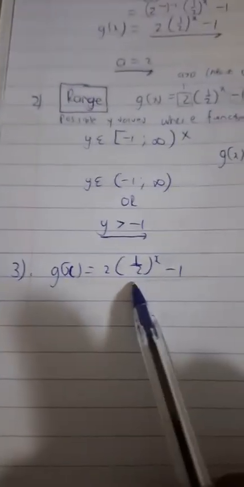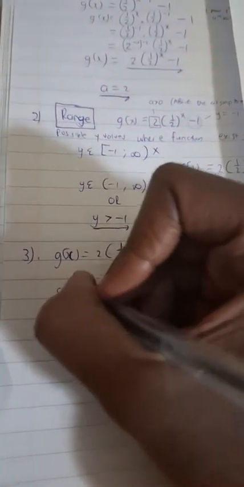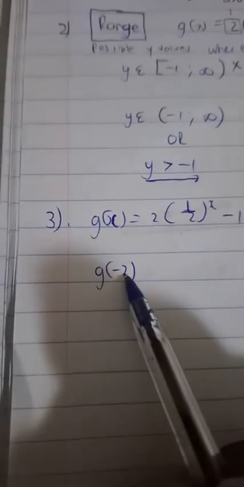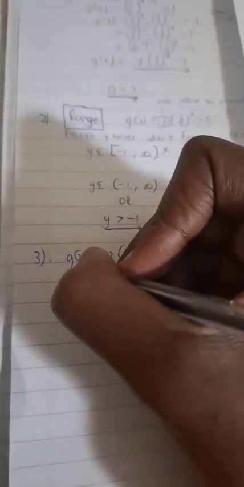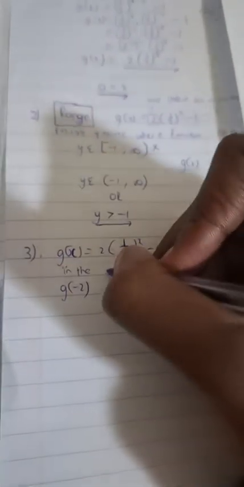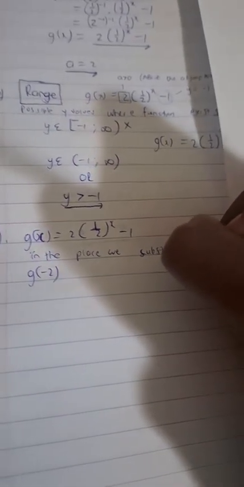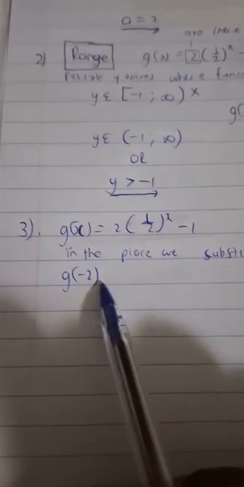Then when we write g(-2), what does that mean? It means in the place of x, we substitute negative 2.